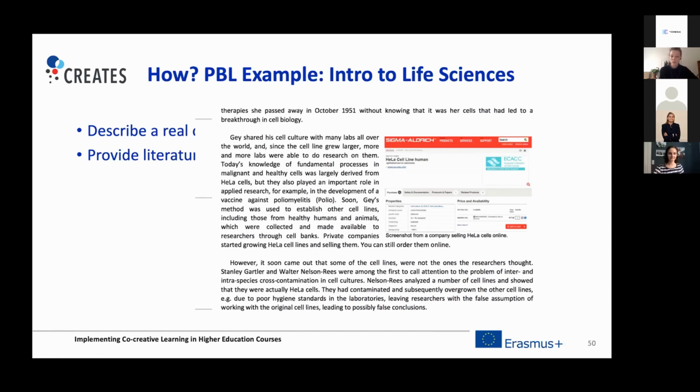You identify the problem, the overarching idea: this seems to be a task that's dealing with cells, and students would be asking more specific questions of what it is that we want to find out or do. There are often sentences in these problems like, at the very end of this example, leaving researchers with the false assumption of working with the original cell lines, leading to possibly false conclusions.